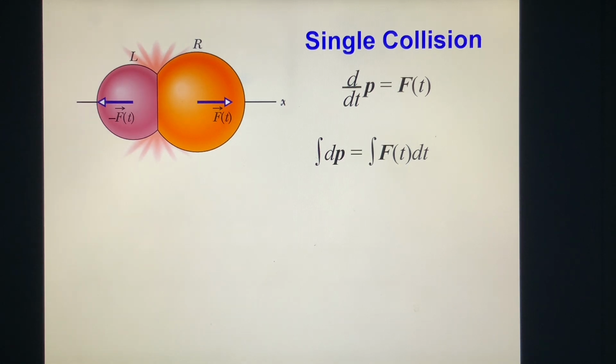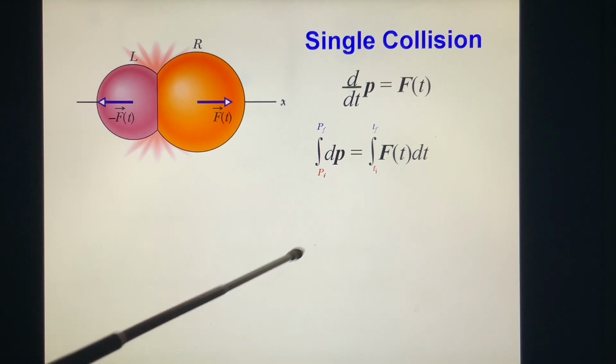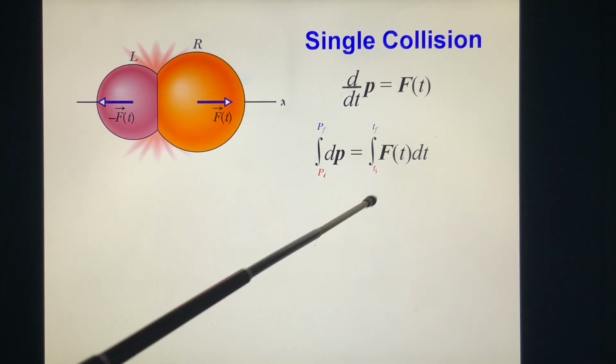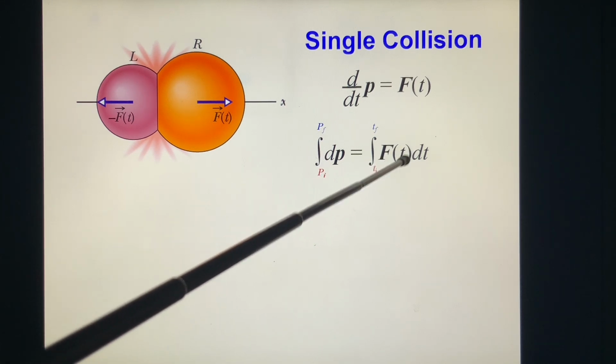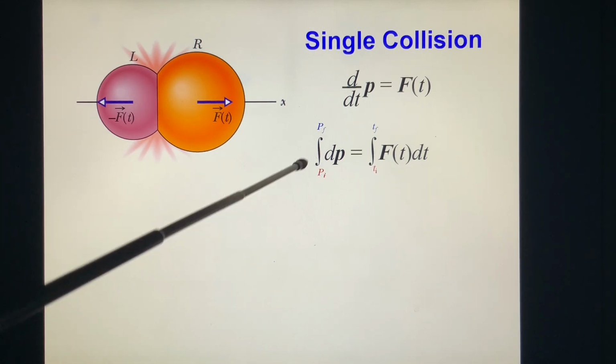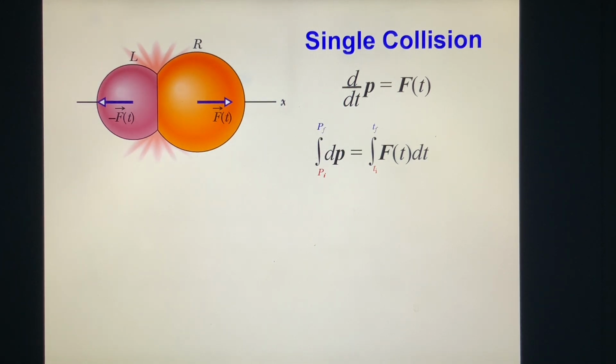We will give it a name, called impulse. The integration is from the initial state, Pi at Ti, to the final state, P final at T final.